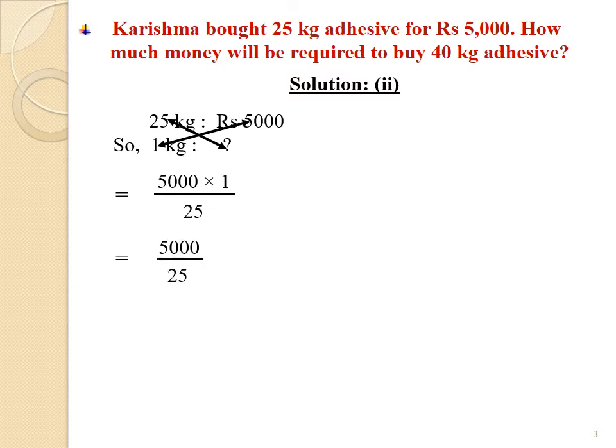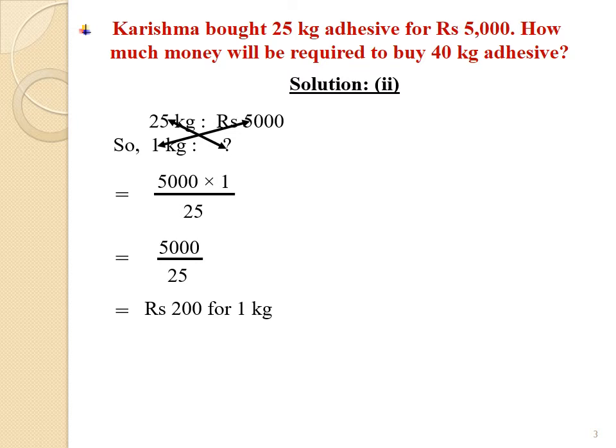Now dividing 5,000 by 25, we get rupees 200. Thus, cost price of 1 kilogram of adhesive is rupees 200.